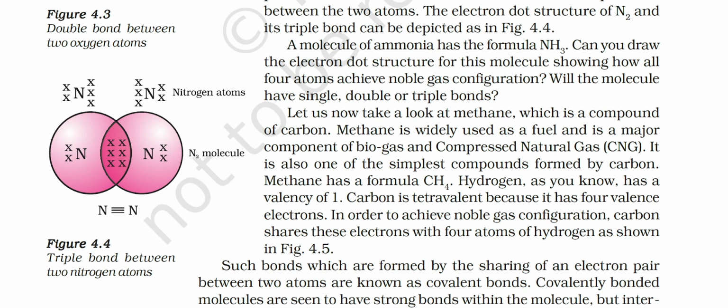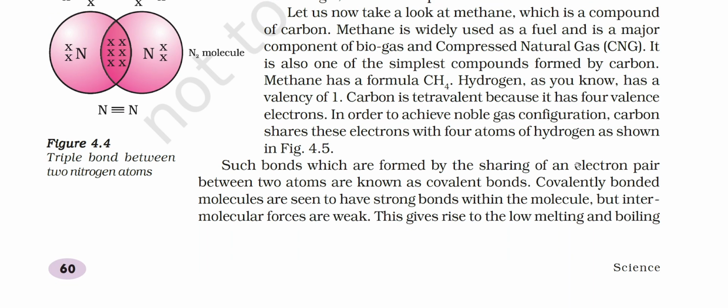Let us now take a look at methane, which is a compound of carbon. Methane is widely used as a fuel and is a major component of biogas and compressed natural gas. It is also one of the simplest compounds formed by carbon. Methane has a formula of CH4. Hydrogen, as you know, has a valency of 1.